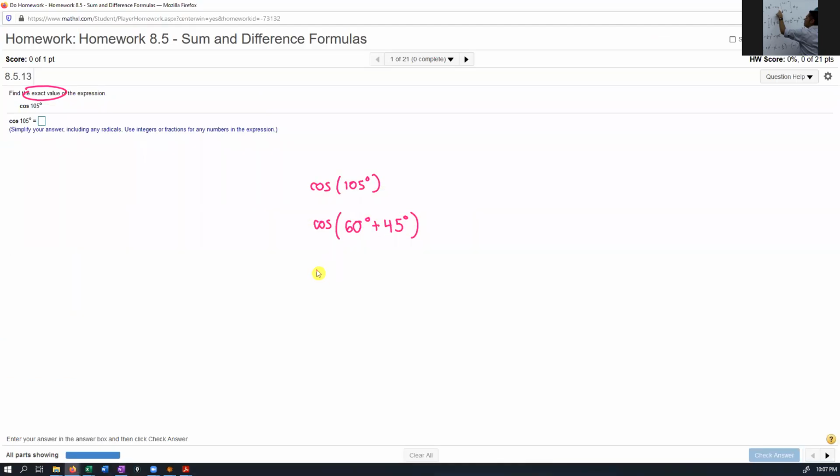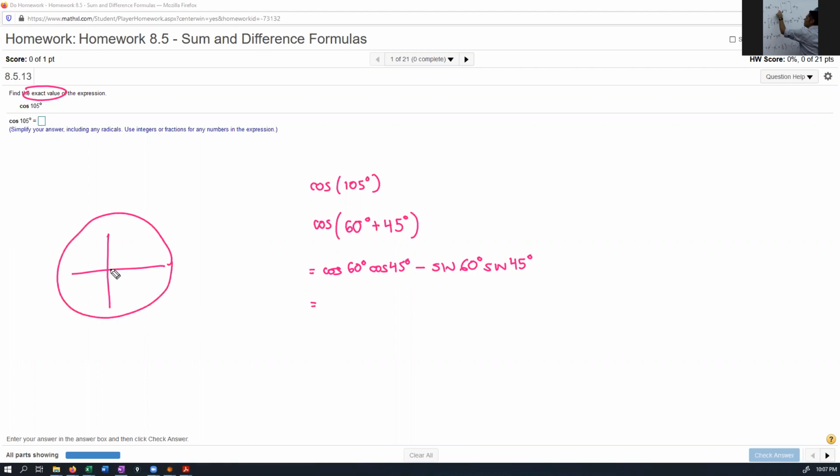So this will be equal to cosine of the first one, cosine of the second one, minus sine of the first one, sine of the second one. Now, cosine of 60 degrees, I'm not going to do this for every problem, but cosine is the x coordinate, which is 1/2.